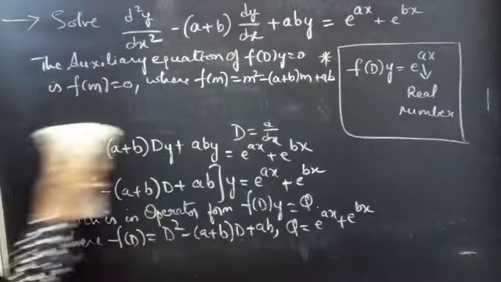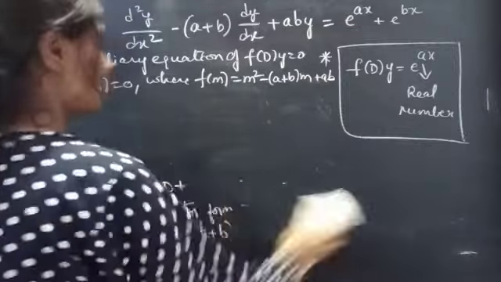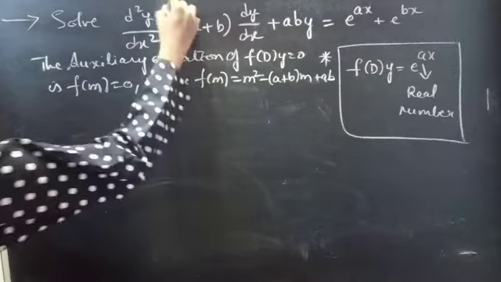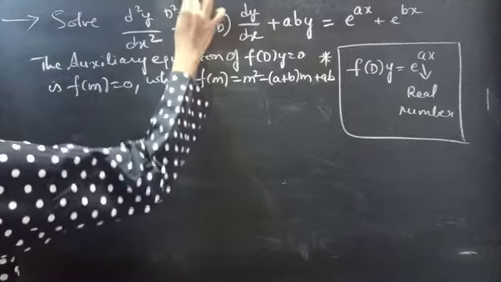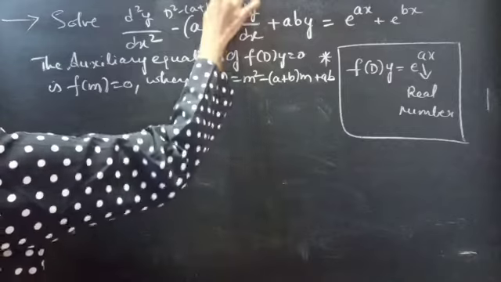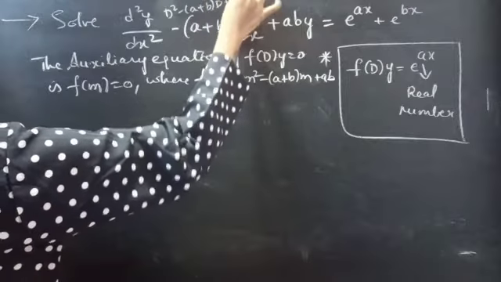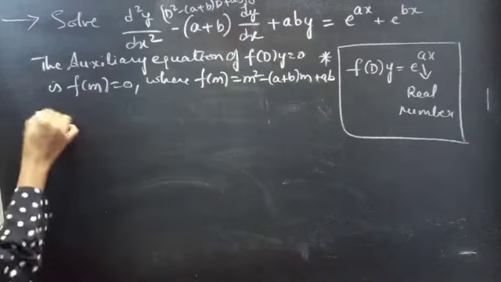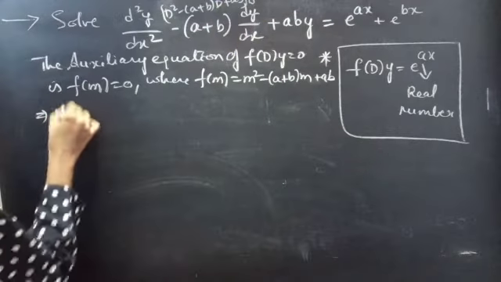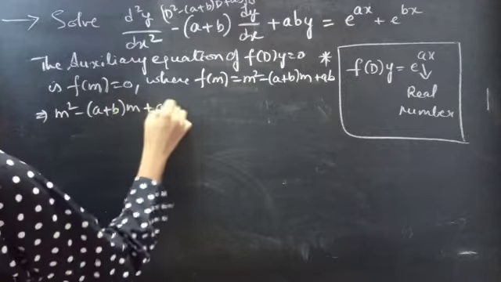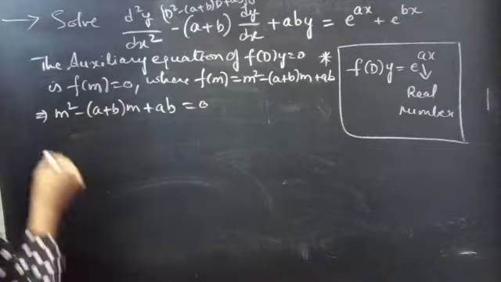Then our auxiliary equation will be m square minus (a plus b) into m plus ab equals 0.